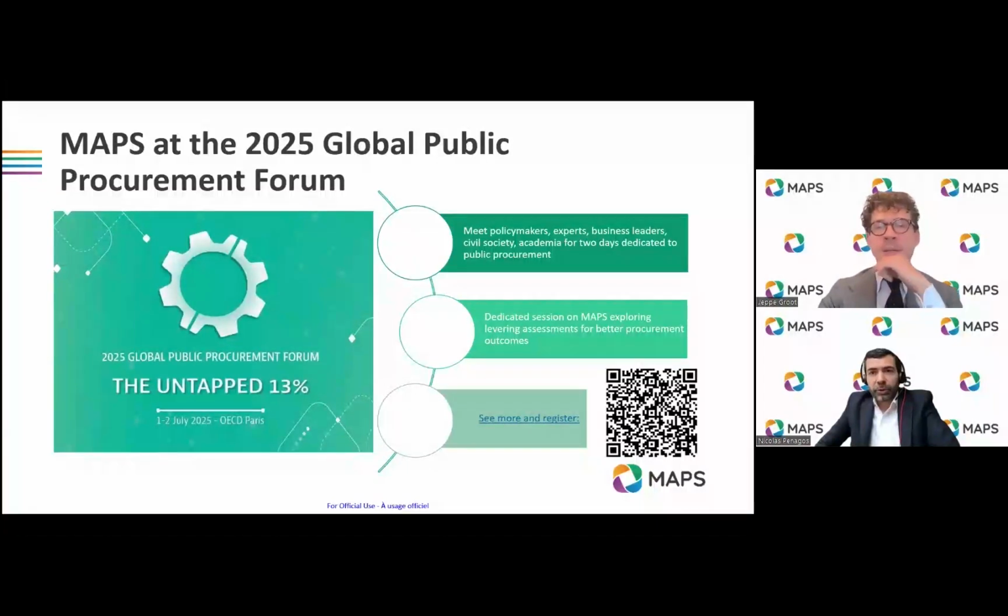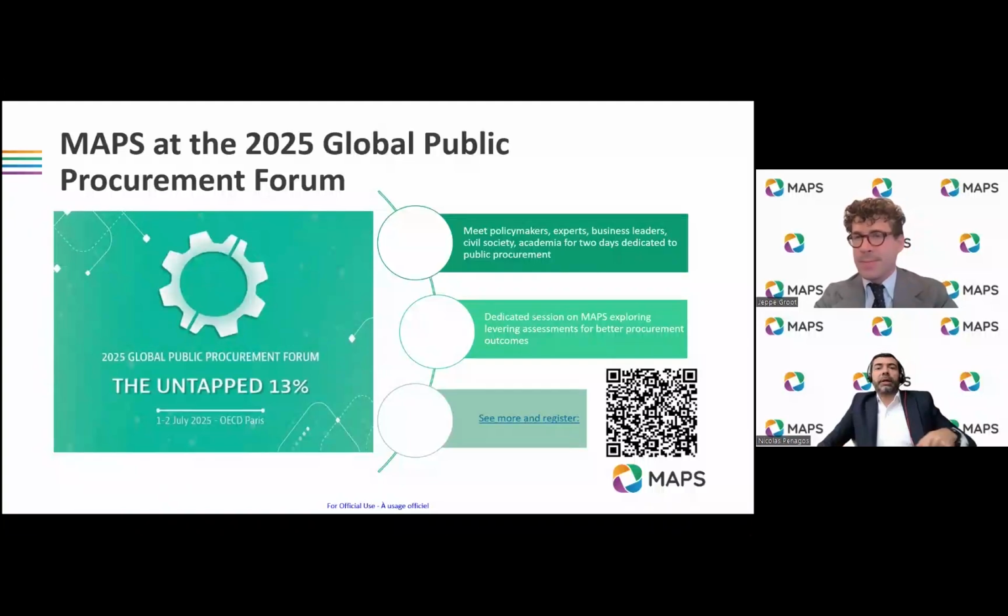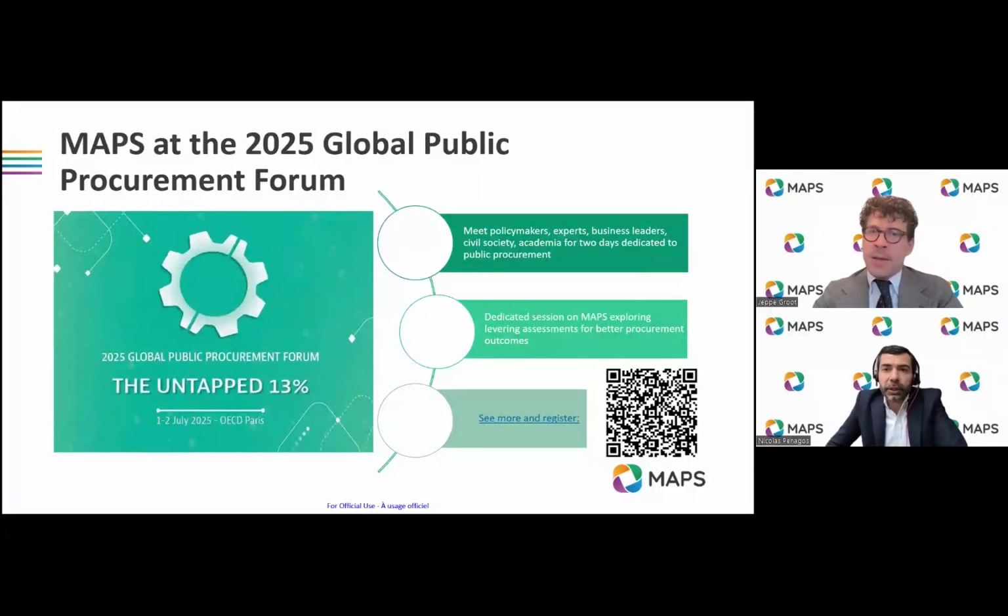We present MAPS in several fora, mostly regional and global events, but also in virtual events with specific countries, including, I understand, China, if that's the question. And the World Bank has also carried out assessments using indicators from MAPS in countries.